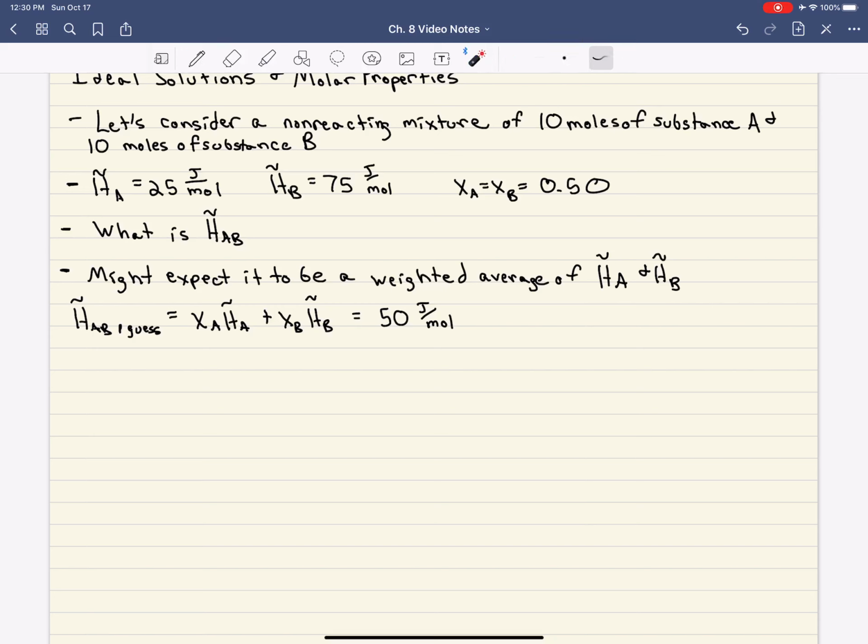Essentially right between HA and HB, and that makes sense because the mole fractions are going to be equal. Okay? Alright, and so this is just sort of the intuitive answer, or another way to say it is this is a very naive answer.